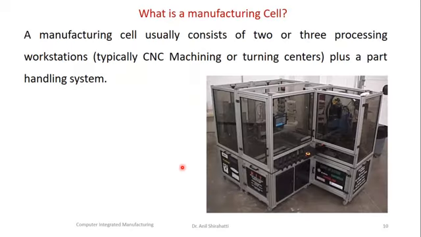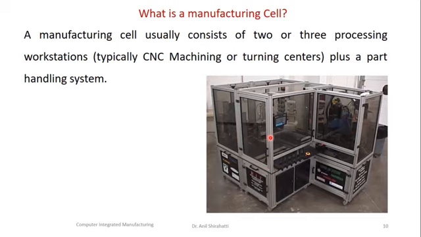So let's say this is a simple diagram of a manufacturing cell. This is a complete cell, or you can say a combination of machines. A manufacturing cell usually consists of 2 or 3 processing workstations, typically a CNC machining or turning center, plus a part handling system. So suppose I have 2 machines, one may be a drilling CNC lathe and one may be a vertical milling machine.